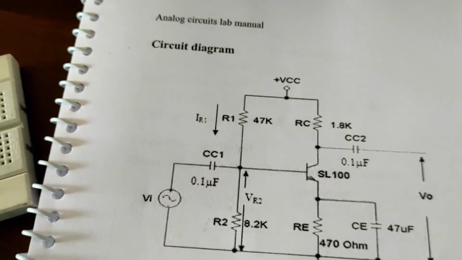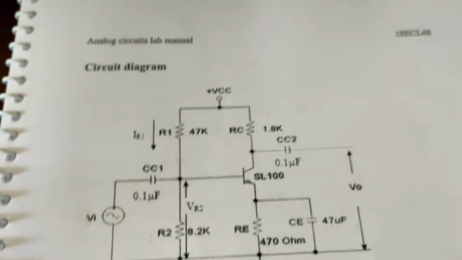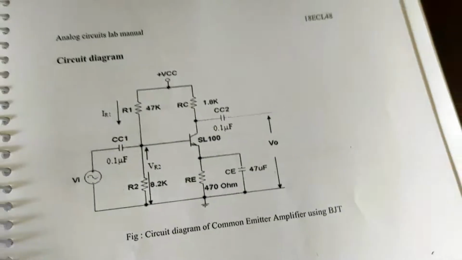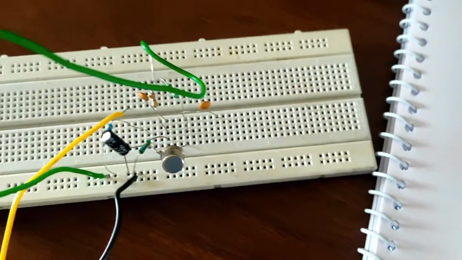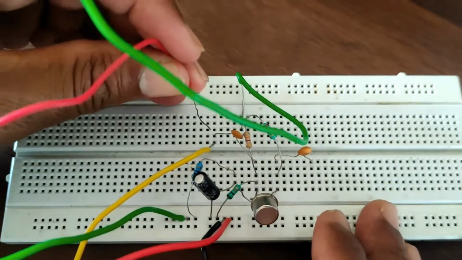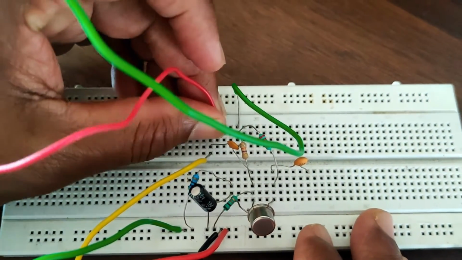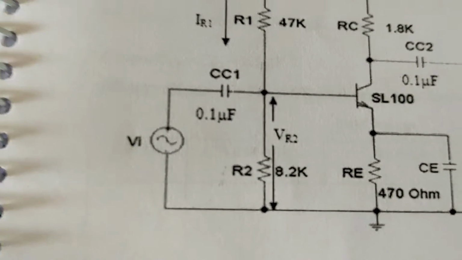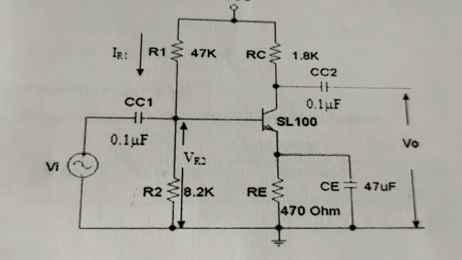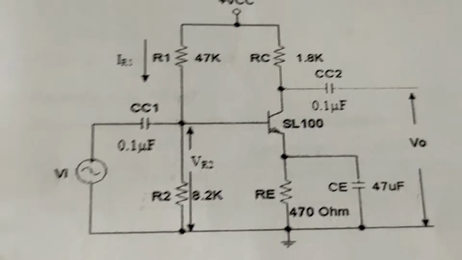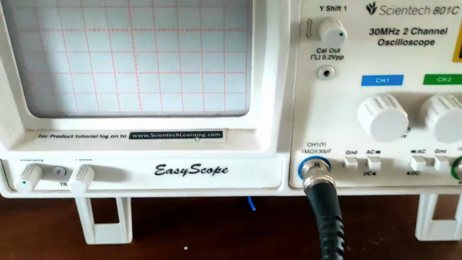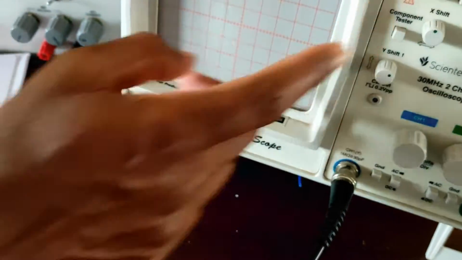Let us turn on the power supply and signal generator, and before that we have to connect the output cables to the CRO. This is the input connection across capacitor and ground, so that we'll get the input waveform which is being generated by the signal generator, which is given to input of CRO.